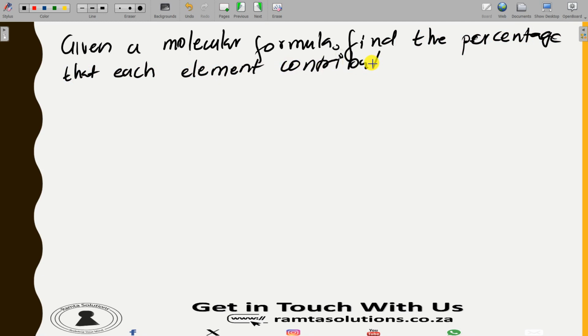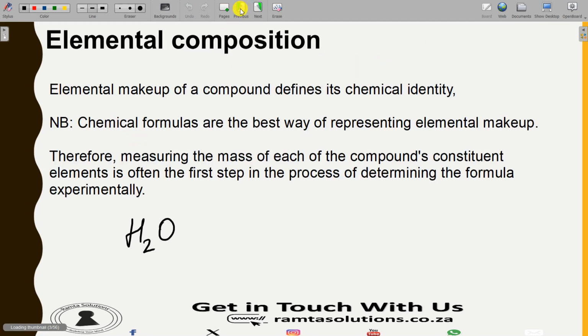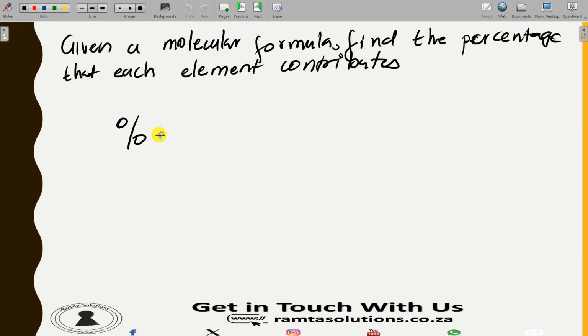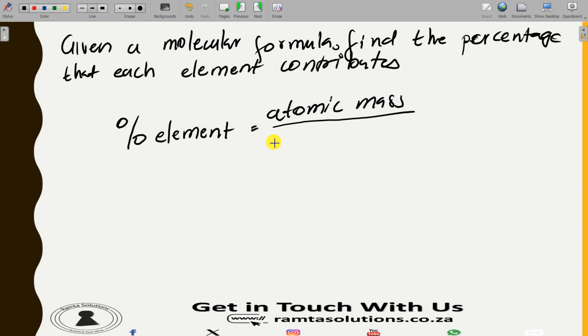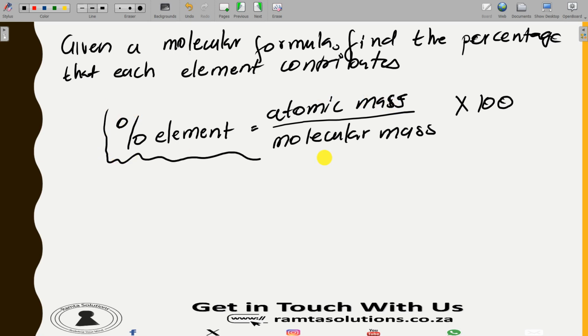We are going to use the formula from our opening slide, which says the percentage of an element is equal to the atomic mass of that element over the molecular mass of that compound.